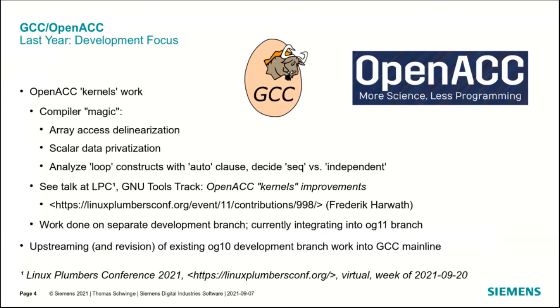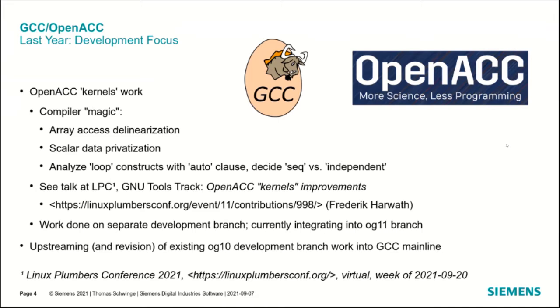So the last year our focus for OpenACC work has been on OpenACC kernels work, which is, well, I say here compiler magic, doing several things. For example, array access delinearization, so turn one-dimensional memory accesses back into multi-dimensional array accesses, which together with scalar data privatization helps compiler passes figure out data dependencies related to loop iterations.